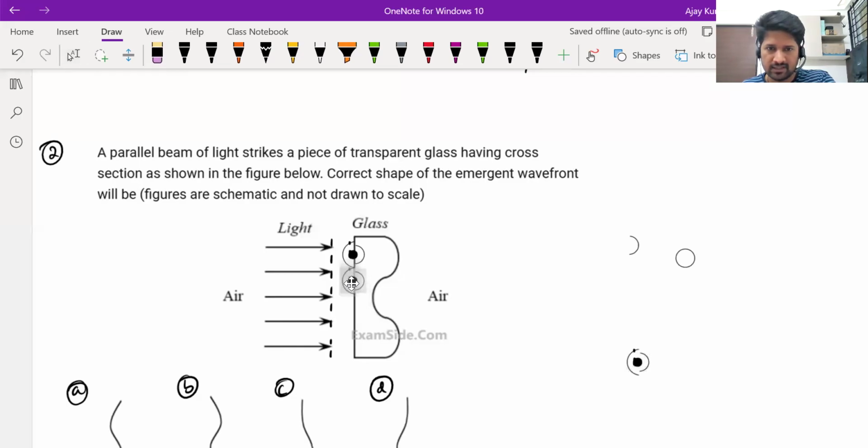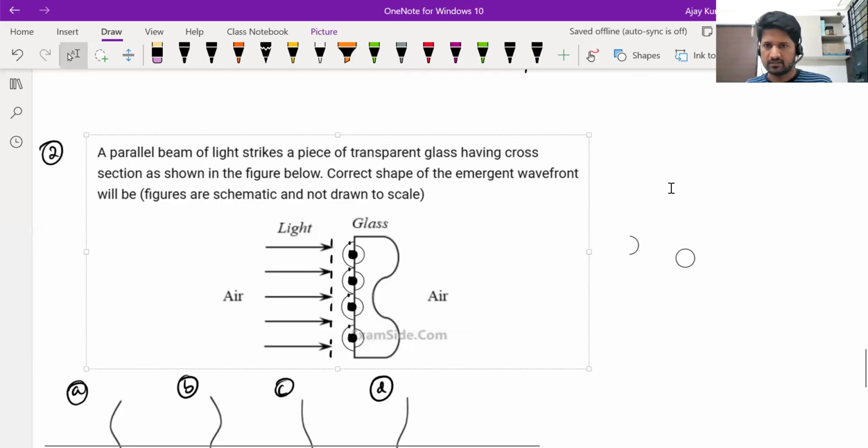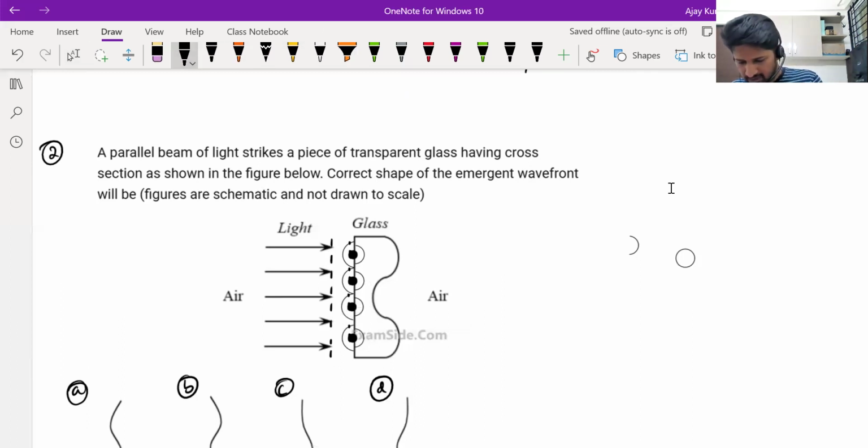On the left side, where there is air present, the wavelet will expand to a greater distance. On the right side, inside glass, it will expand to a shorter distance. But still, if you draw a common tangent to all these wavelets that are now in glass, that common tangent will still be a flat surface.